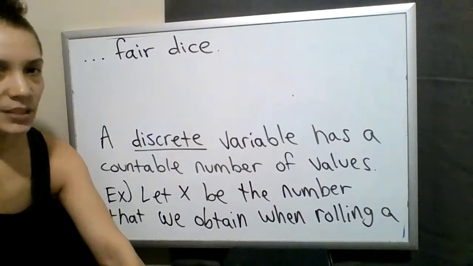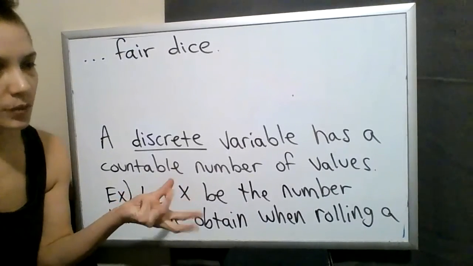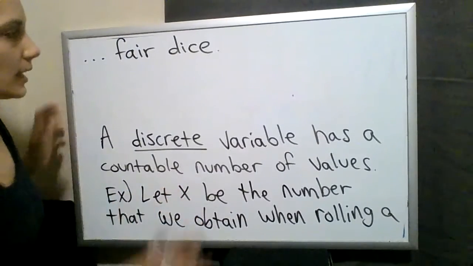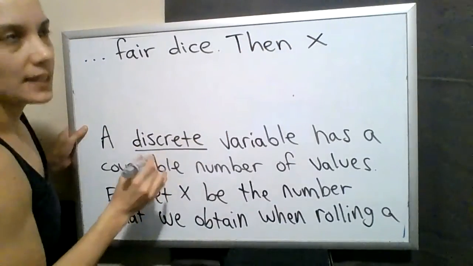That means x is going to be a discrete variable. It can be 1 or 2 or 3, 4, 5, or 6. So x is a discrete variable.